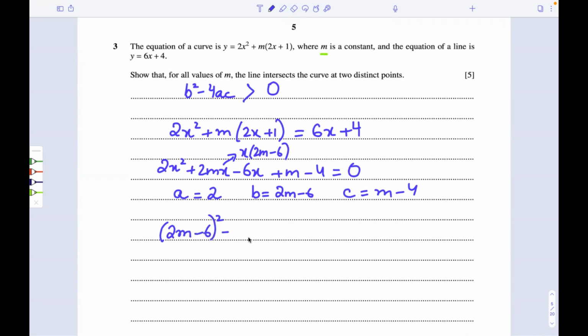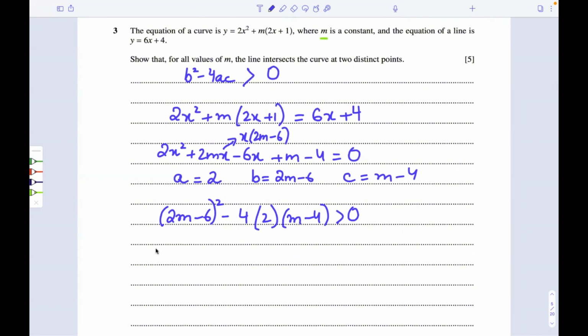Now, putting this into b squared minus 4ac, we have 2m minus 6 whole squared minus 4 into a, which is 2, and c, which is m minus 4, and this is greater than 0. So expanding this, we get 4m squared plus 36 minus 24m minus 8m plus 32.